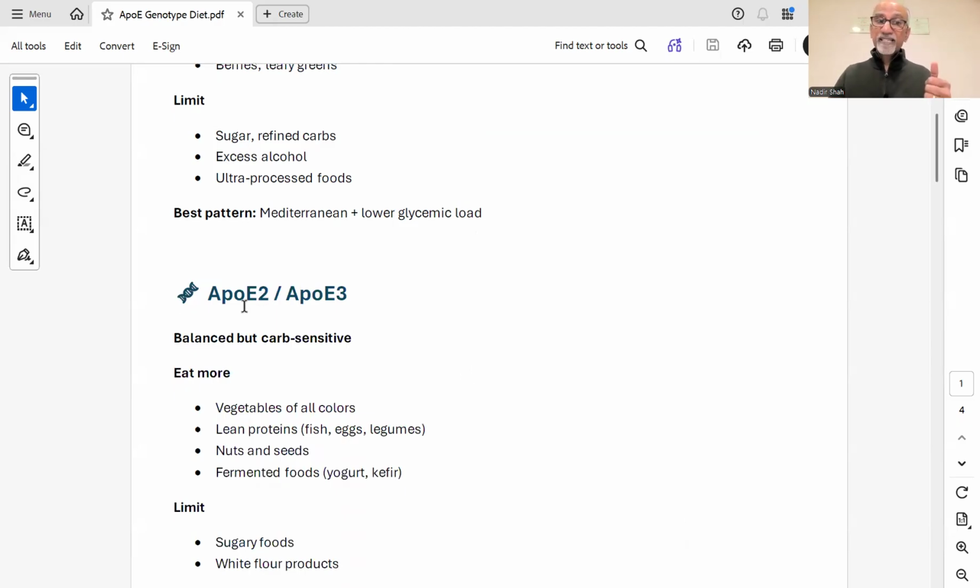Okay, ApoE 2-3, balanced but carb sensitive. Again, it's in between. It's sharing some traits of 3, some traits of 2. It's balanced out, but again, it's carb sensitive. So be mindful of carbs, particularly the refined carbs and sugars. Eat more vegetables of all colors, because those vegetables have complex carbs in them.